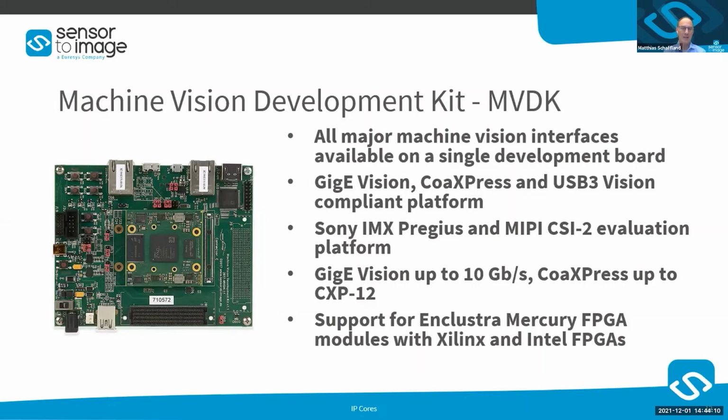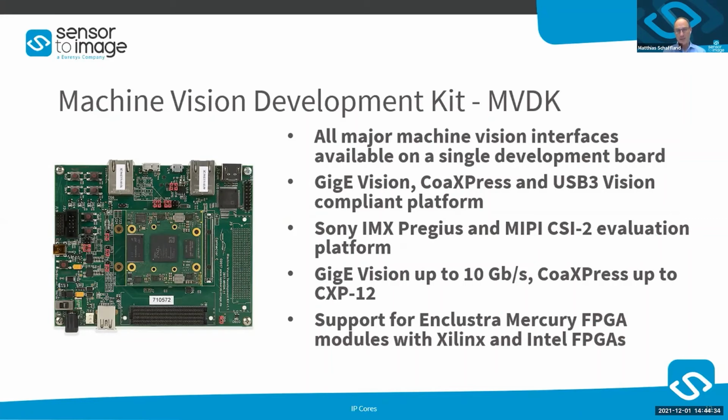We are also able to connect, with this FMC extension interface, interface cards with Sony IMX Pregius sensors or MIPI CSI sensors to give you the possibility to really fully test a camera or receiver platform.